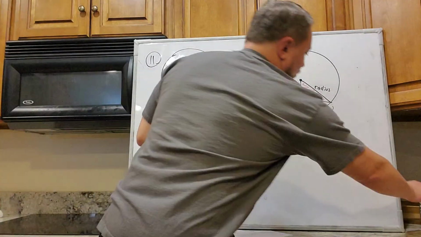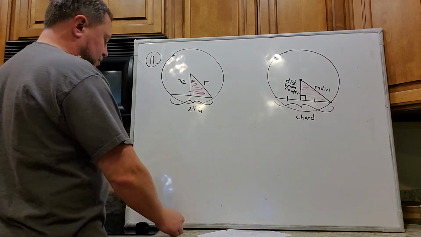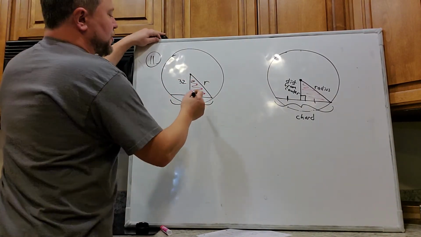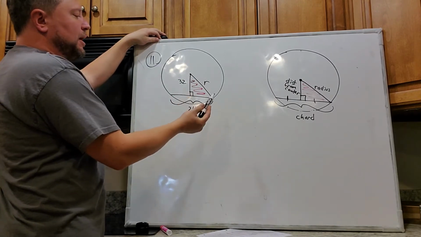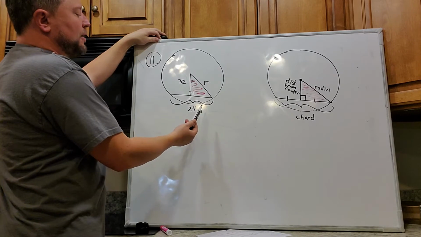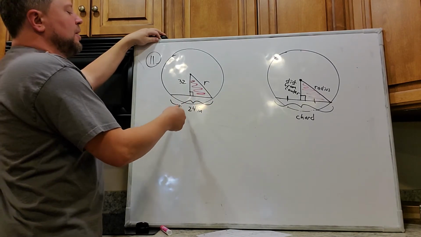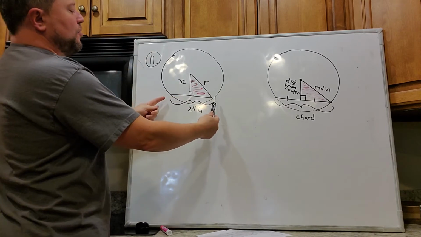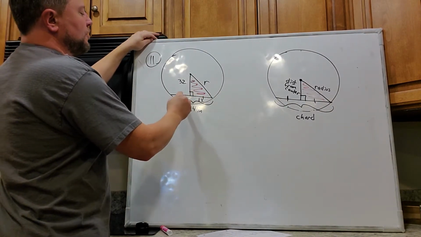Okay, so once again, you'll see we've got our right triangle here. So we're going to use the Pythagorean theorem. Before I could get started on the Pythagorean theorem, though, be careful. Again, just like our last problem, remember when we had to take the 12 and double it to get to 24? In this case, I got to take the 24, this chord, and cut it in half before I start.